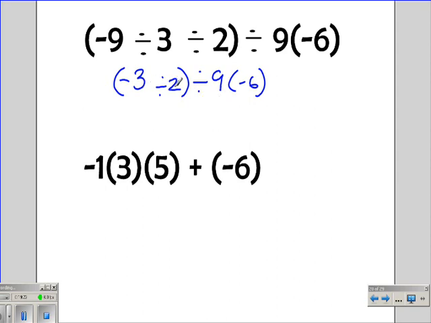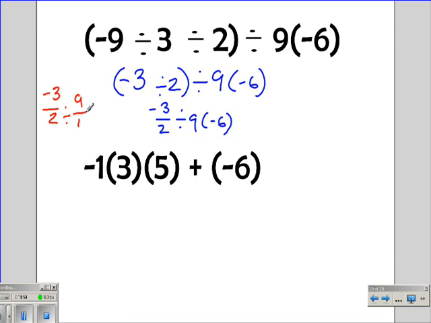If I'm looking at negative 3 divided by 2, I may just leave it in fraction form at this point. It's already simplified or reduced. Divided by 9 times negative 6. Now, I might want to do this multiplication here, but I need to remember I'm working from left to right, so I'm going to do the division first. As a side note, if I'm doing negative 3 over 2 divided by 9, it's really 9 over 1.